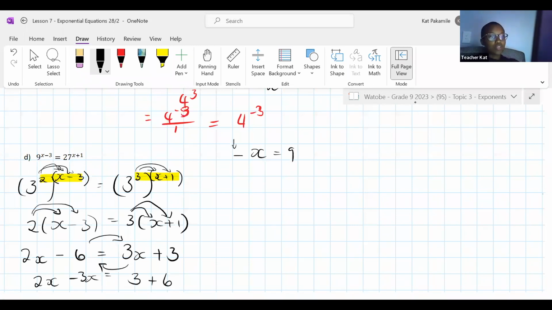Exactly. So how do we get rid of the negative? Do we divide it by negative 1? Yes, but what you do on the left, you do on the right. So your final answer is, therefore, x is equal to, what's 9 divided by negative 1? Negative 9. Beautiful, Jonathan.